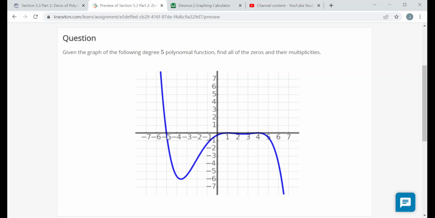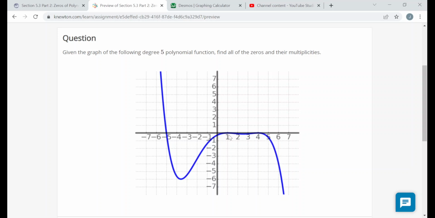So look, you got negative 5 as a zero, and it looks like it has a multiplicity of 1, right? The graph is crossing straight through. Looks like it's touching at 1 here, but bouncing off. And same thing at 4, bouncing off. So I'd say multiplicity of 2 and 2, right? Because they got to be even.